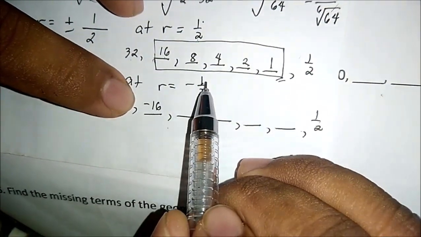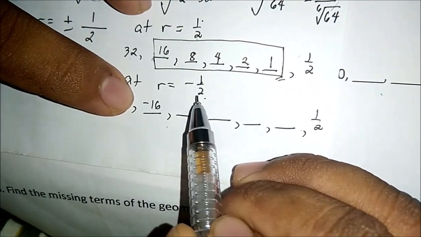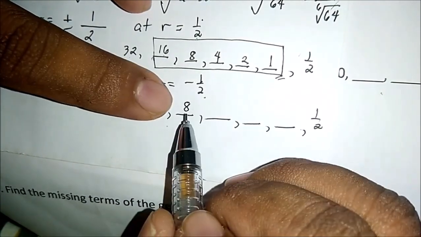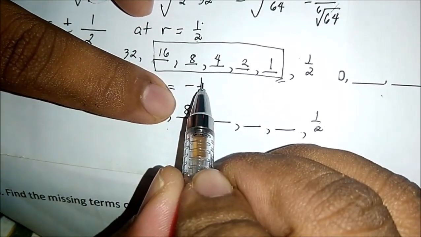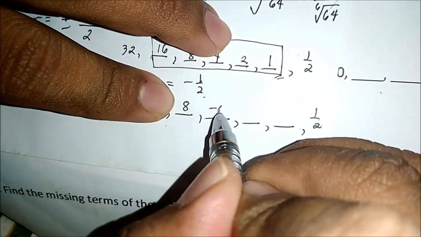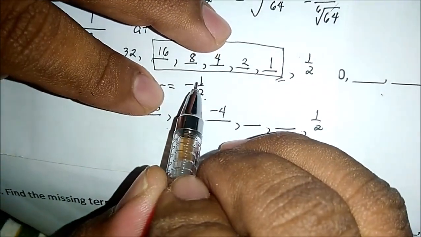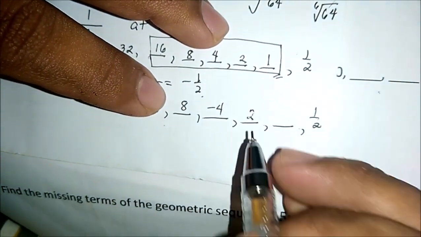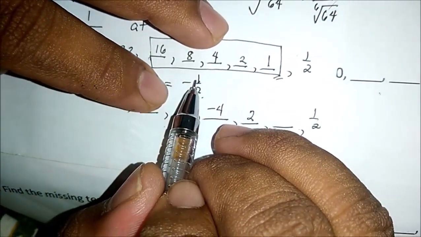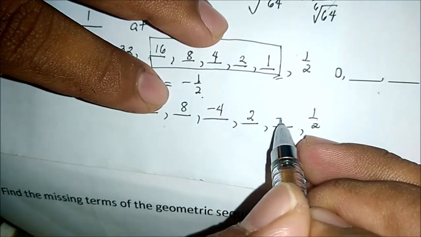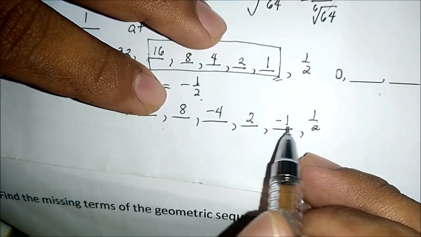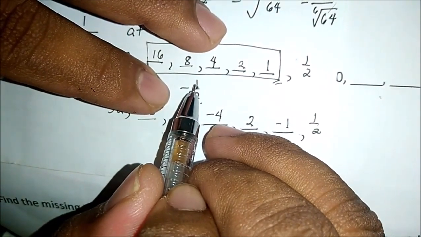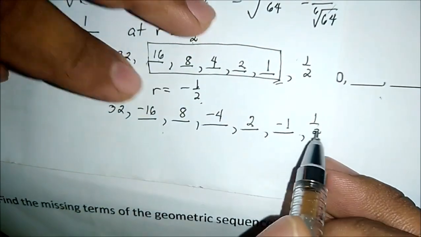Negative 16 times negative 1 is positive 16 divided by 2 is positive 8. 8 times negative 1 is negative 8 divided by 2 is negative 4. Negative 4 times negative 1 is positive 4 divided by 2 is positive 2. 2 times negative 1 is negative 2 divided by 2 is negative 1. Check natin yung dulo. Negative 1 times negative 1 is positive 1 divided by 2 is 1/2.